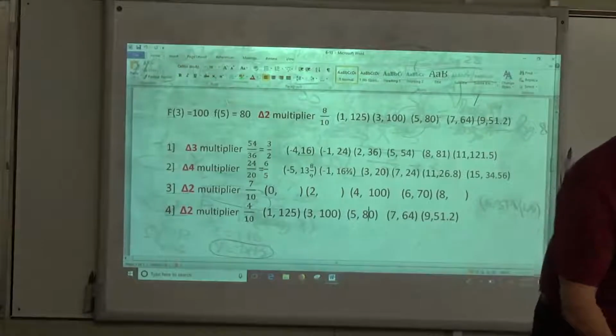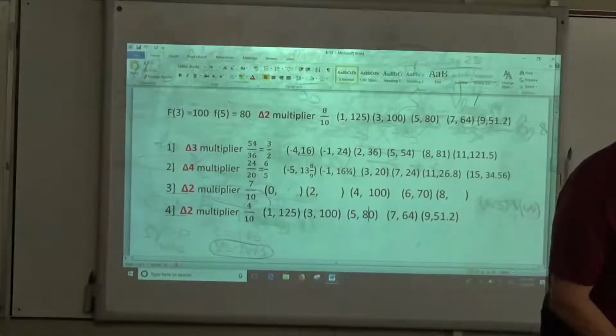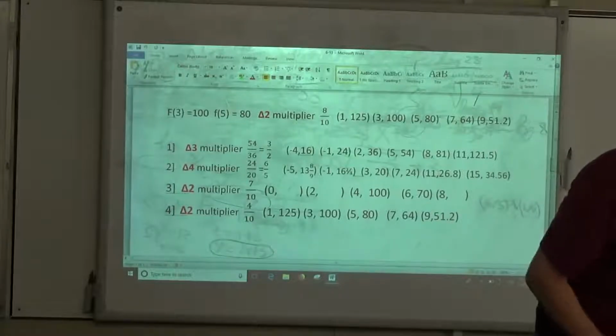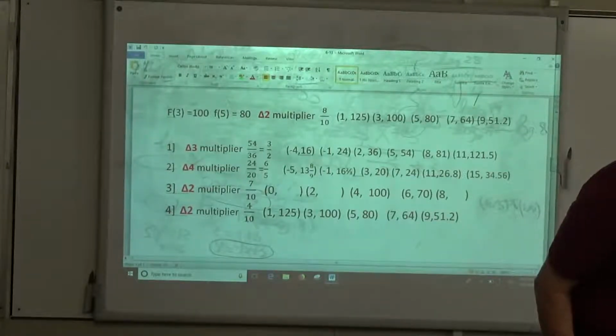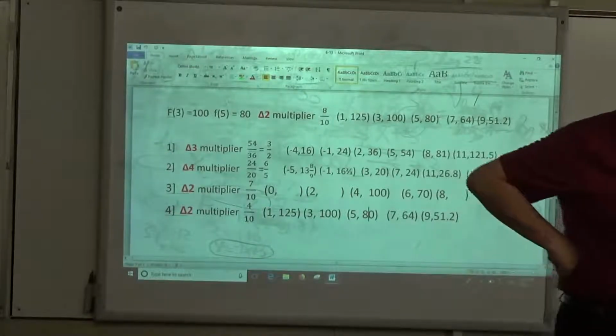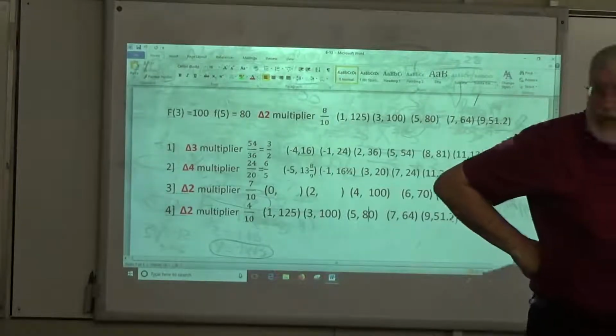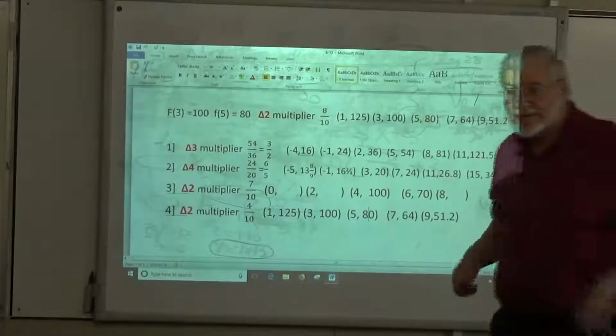Okay, so now let's turn the page. Let's look at problem 13. What's happening to the x?